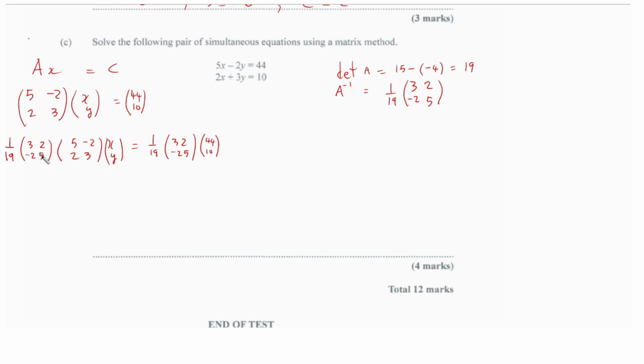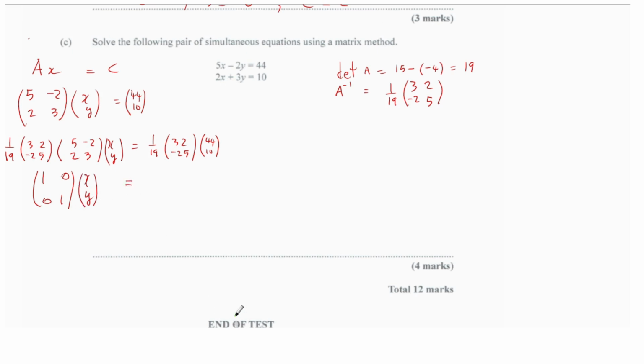It's important to note that the inverse times the matrix gives the identity matrix, which is 1, 0, 0, 1, times x, y, equals the right hand side.